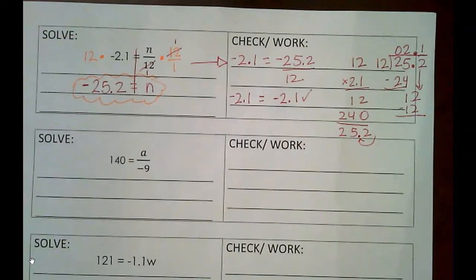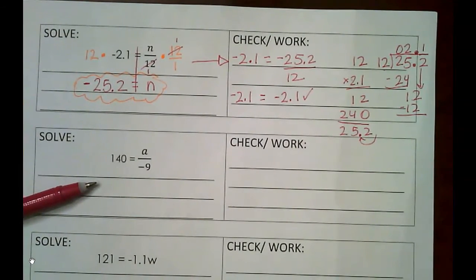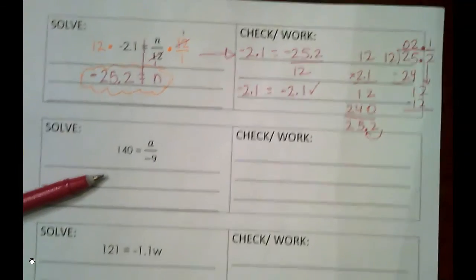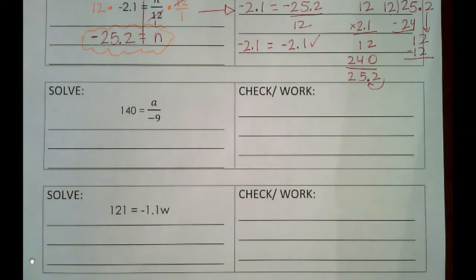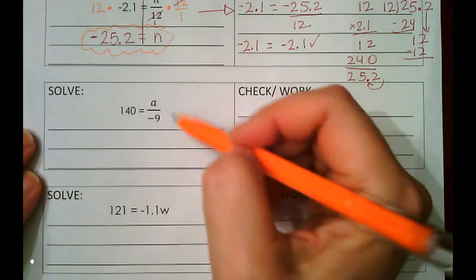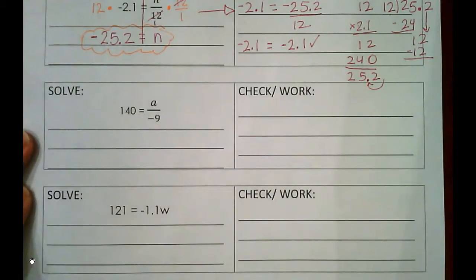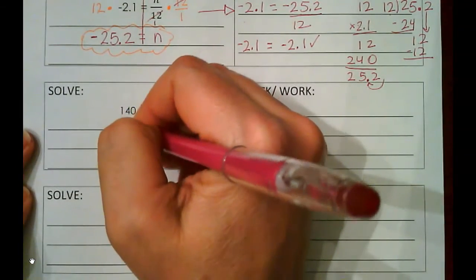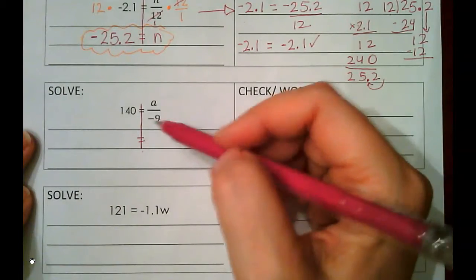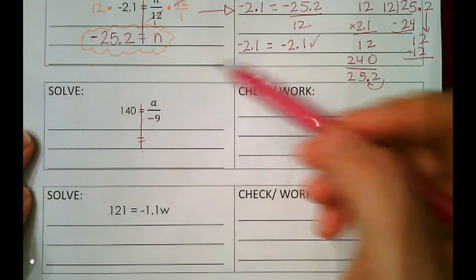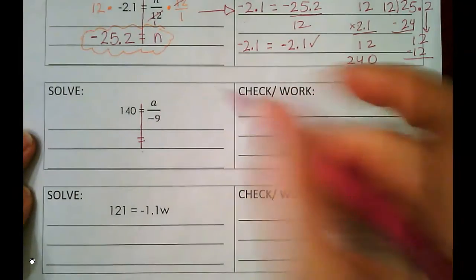Now, this one, as you see, is another division problem. I do want to start you out on this one, and then I'm going to let you finish it, because it has one little tricky spot that I want to make sure you don't mess up on. We see the variable on the right, no biggie.